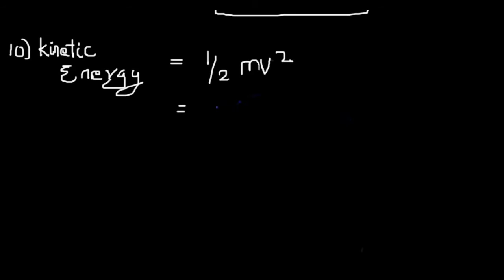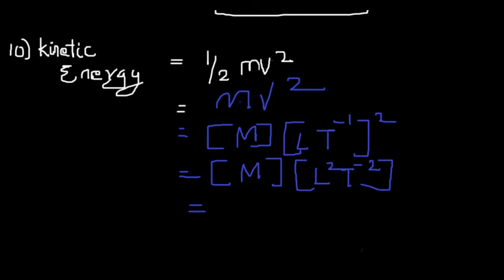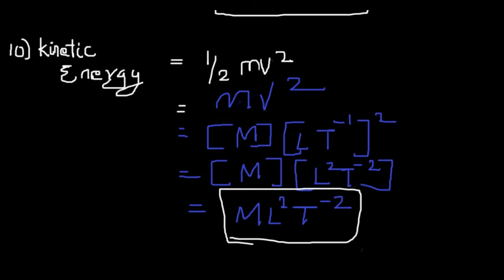So we write m v square, where m remains as M, where velocity is L T power minus 1 with this whole square. As simple math, we will get M into L square T power minus 2. So finally we would get M L square T power minus 2.